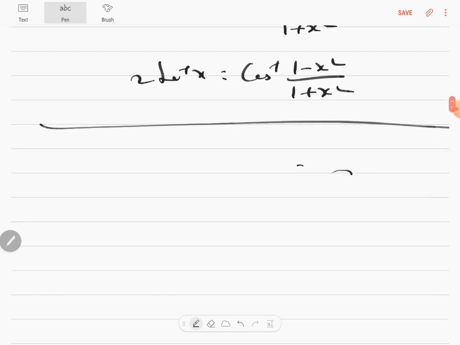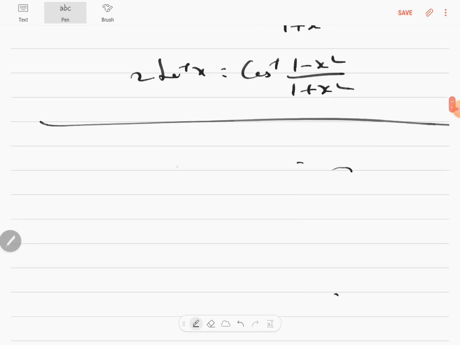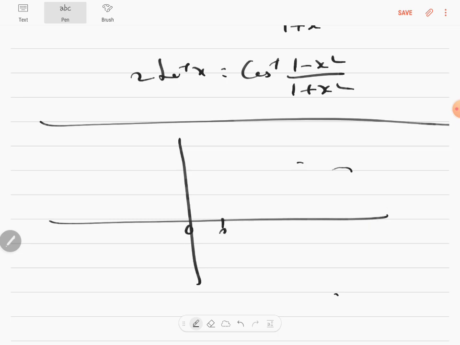Then the very important thing is the graph. If you're plotting a graph, this is the x-axis. In trigonometry, you have 0, this is pi by 2, pi, 3 pi by 2, and 2 pi.